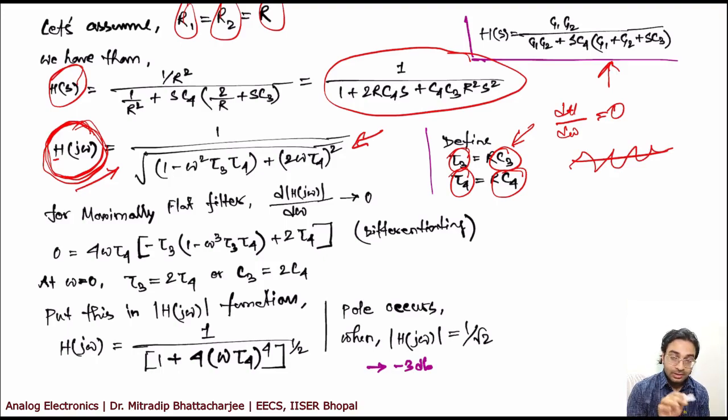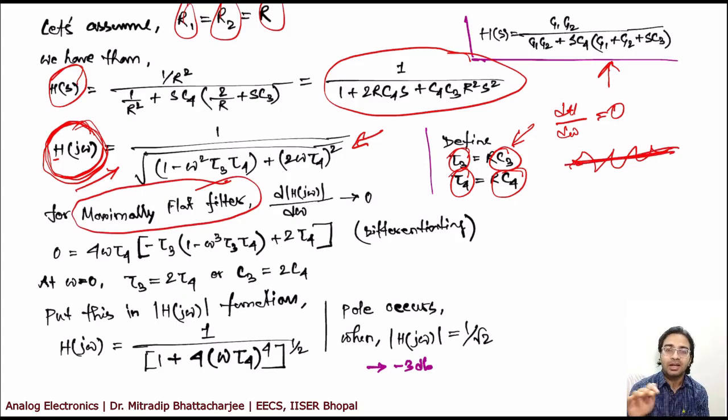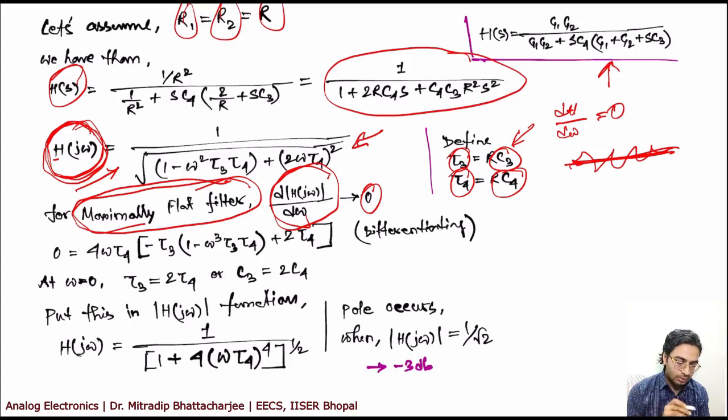So this condition is known as a maximally flat filter. That means maximally flat means it's completely flat, no ripples are present. So for a maximally flat filter, this derivative should be equal to 0.